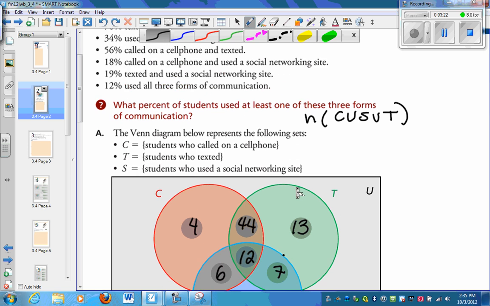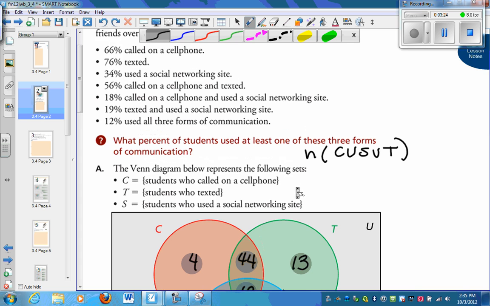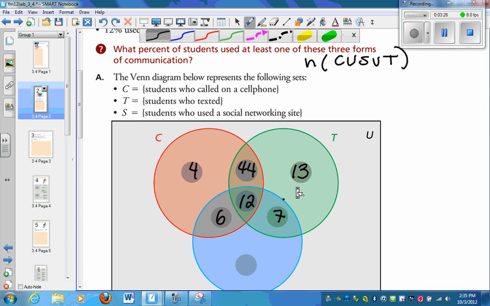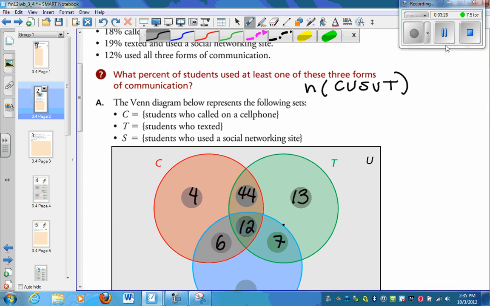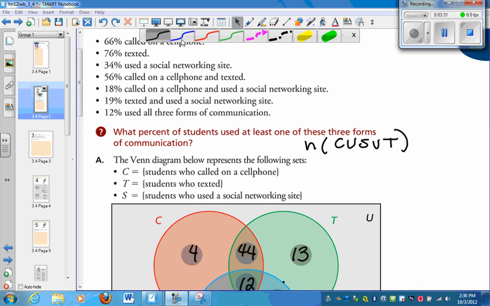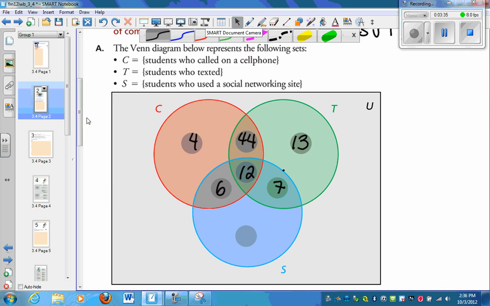Okay, let's look at social networking. I have 34%, but I've already used 12% here. So 34 minus 12 is 22, minus 6 is 16, minus 7 is 9. This is hard math for Miss Callan.